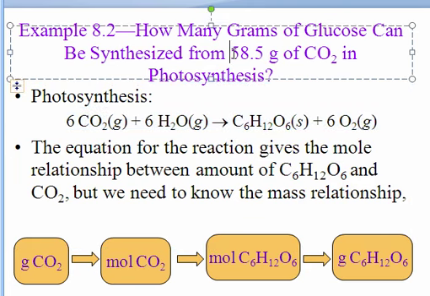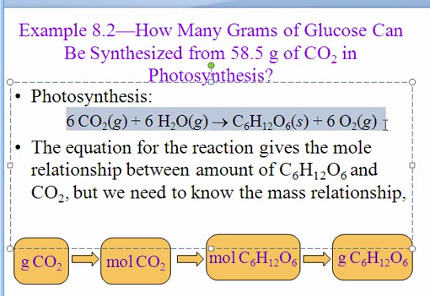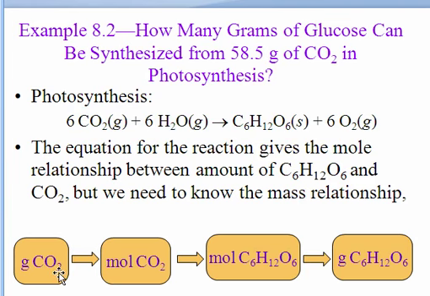So we're given information about mass, and what we have is a balanced chemical equation, and our stoichiometric coefficients are in moles. So what we're going to have to do is get from grams of carbon dioxide to moles of carbon dioxide. Once we have moles of carbon dioxide, we can get to moles of glucose based on our 6:1 ratio.